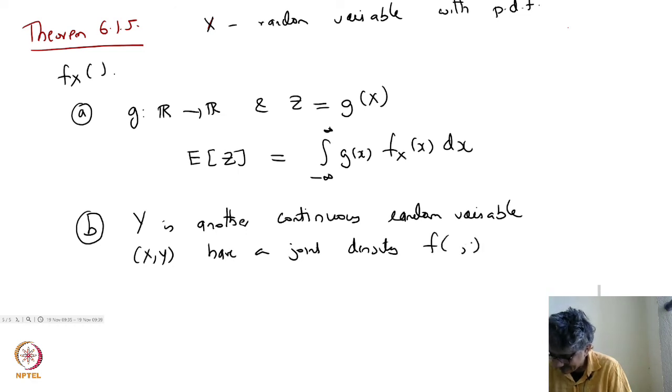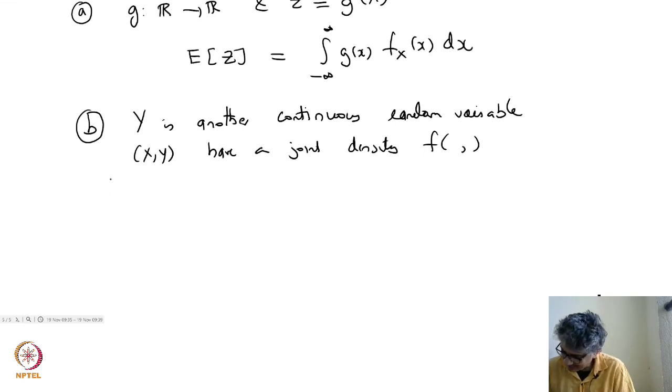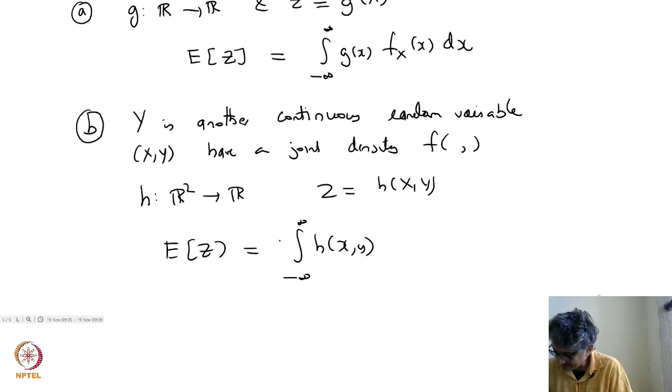Then you take an h from R2 to R, and let's say Z is h of x comma y, a function of two variables. Then E of Z is a well-defined quantity. You could find the distribution of Z and then its mean, but if you just want its mean, it's given by the double integral of h of x comma y times f of x comma y dx dy.